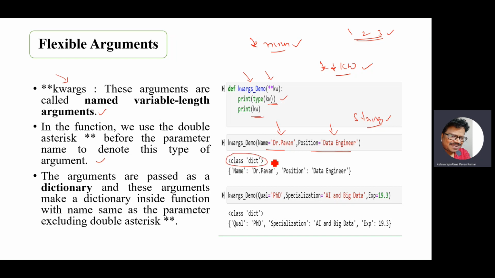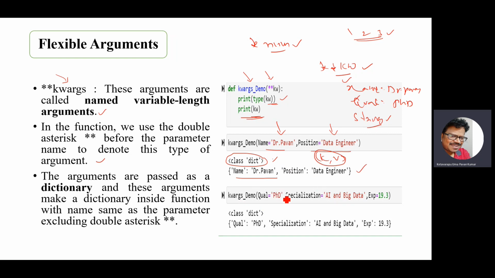Dictionary is not yet covered, guys. A dictionary is a key value pair, where if I want to mention the name of the person and qualification, I can use a dictionary. So your kwargs belongs to the type dictionary because it gives the key value pair. And then I'm printing the values. Of course, whatever values you have supplied get printed on the screen.